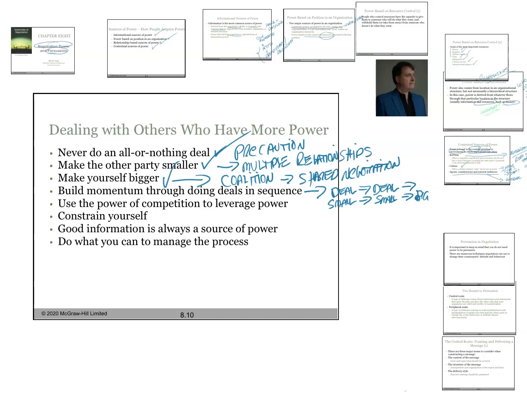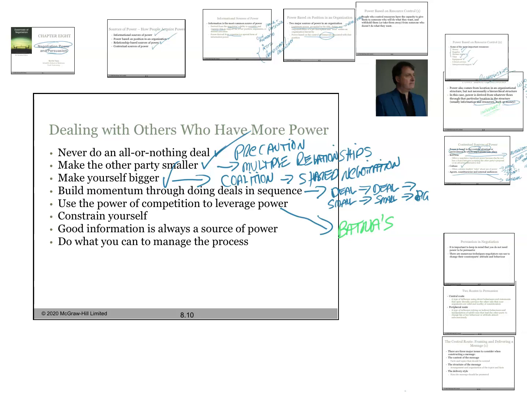Use the power of competition to leverage power. What does this mean? This is essentially about creating BATNAs. So not only are you offering your service or product, whatever it is, to your one opponent or your one potential customer, if it's a sales situation, you're actually getting out there and creating multiple opportunities.